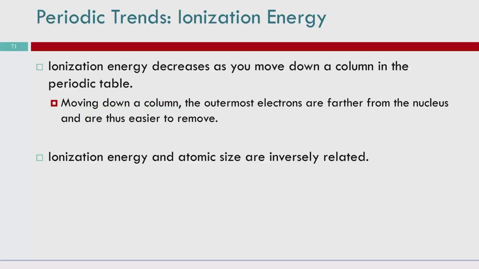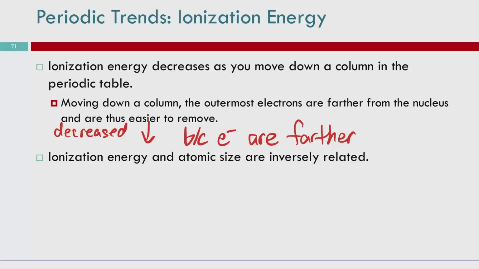So as we're moving down a column, ionization energy decreases, because the electrons are farther away. Ionization energy and atomic size are inversely related.